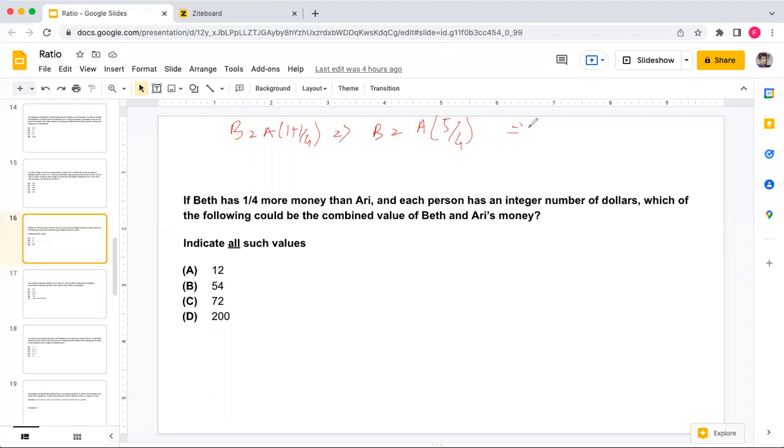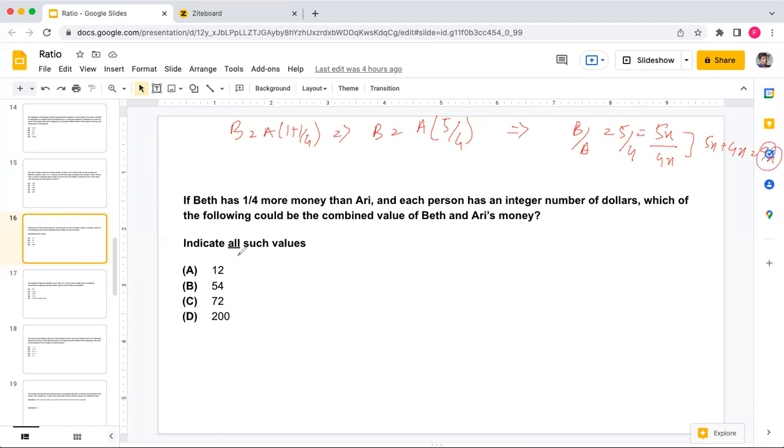If I write it in the form of a ratio, B by A is equal to 5/4. Writing with a multiple, this is 5x over 4x. The next thing is each person has an integer number of dollars. Which of the following could be the combined value of Beth and Ari's money? That will be 5x plus 4x, which is 9x.